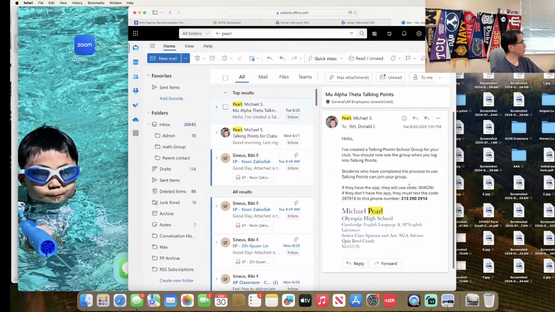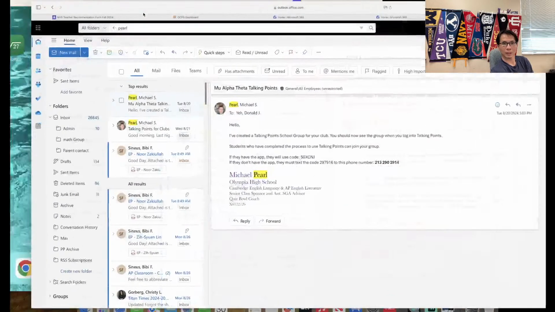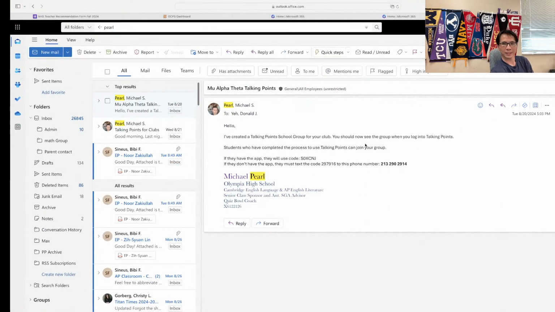I don't know how to use TalkingPoints, so can somebody help me figure this out? I don't know how this works.